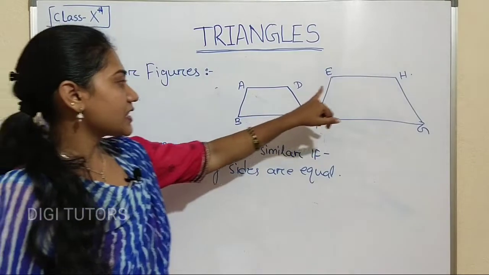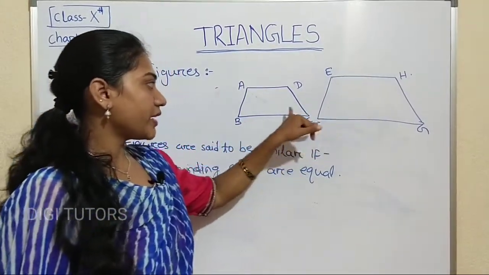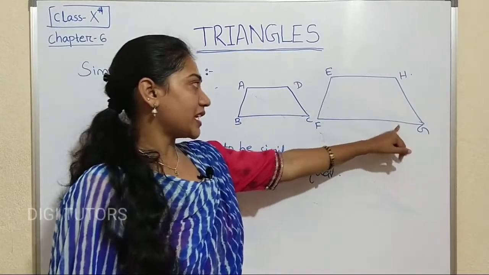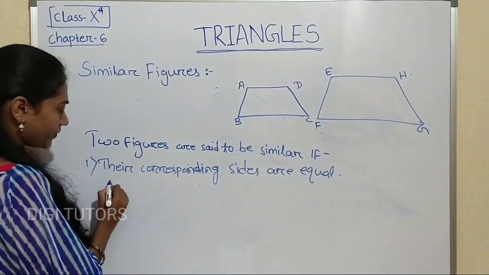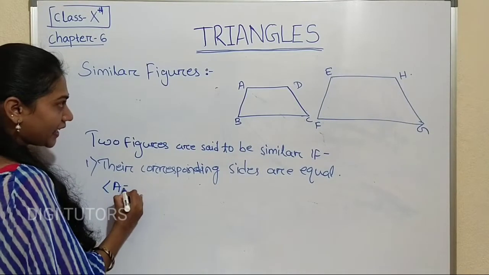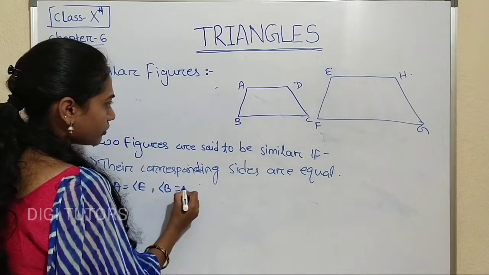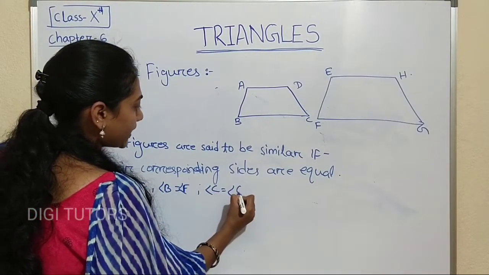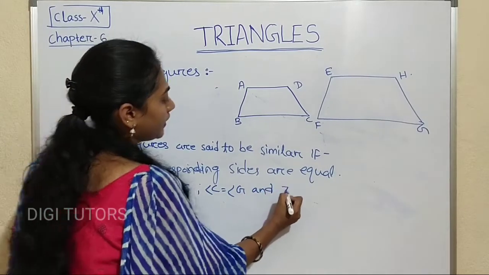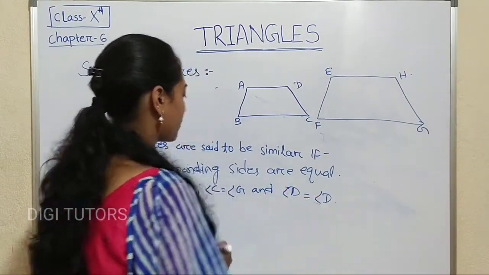Angle A is equal to angle E, angle B is equal to angle F, angle C is equal to angle G, and angle D is equal to angle H.